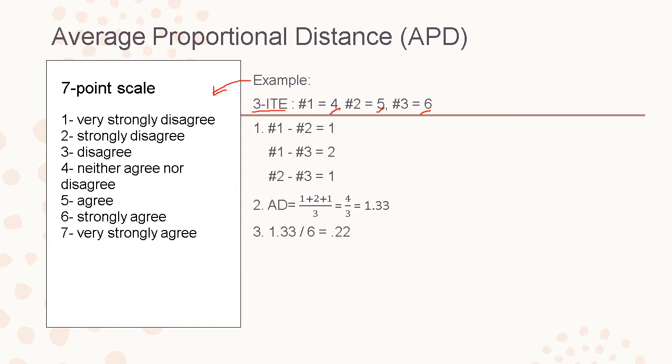For items number 1 and 2, 4 and 5, the difference is 1. For items 1 and 3, 4 and 6, the difference is 2. For items 2 and 3, 5 and 6, the difference is 1. So, the average proportional distance after calculating this would be 0.22.